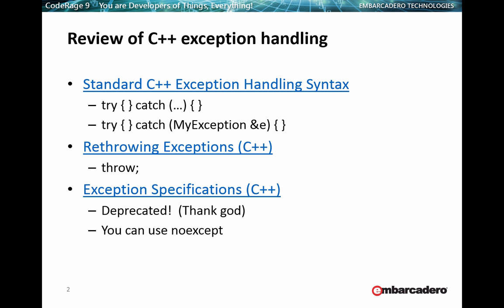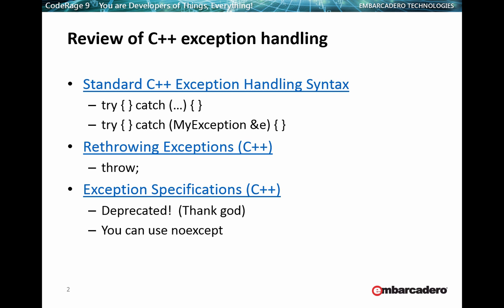Part of the problem is they're optional, or they were optional, and as a result you could never know for sure whether or not a particular function was going to throw an exception of a particular type. So you might say that you were only going to throw a particular type of exception out of your function, but if you called some other function which could throw some random exception that you didn't know about, your promise about what exception you might throw is neither here nor there, and the effect is that your app will just get taken down.